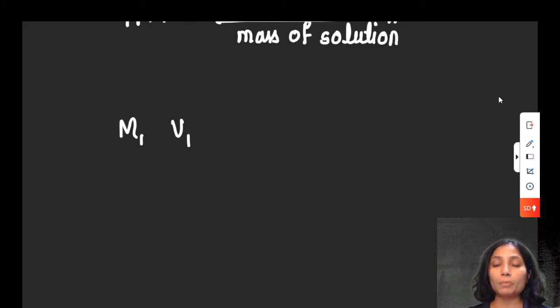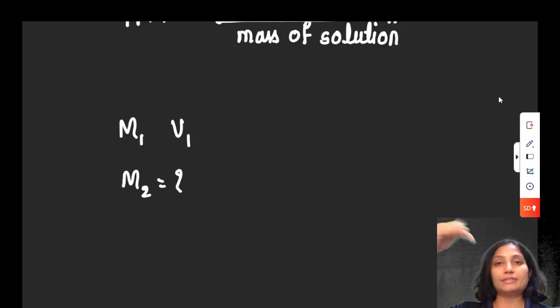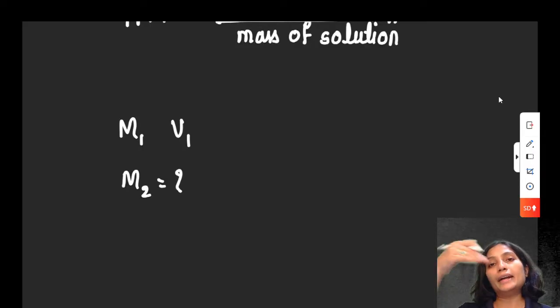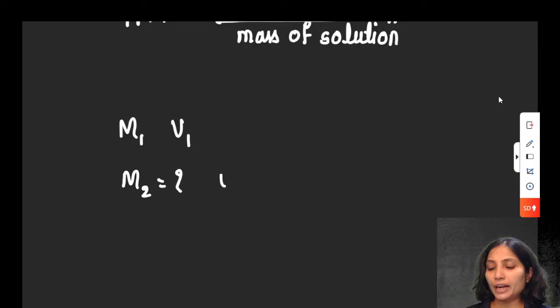We are going to dilute that solution. After dilution, what will be the new molarity? The new molarity will be M2, which we don't know. The volume we know, because V1 was there and we have added extra water for dilution, so we get some new volume V2. How to find the molarity M2 for this?